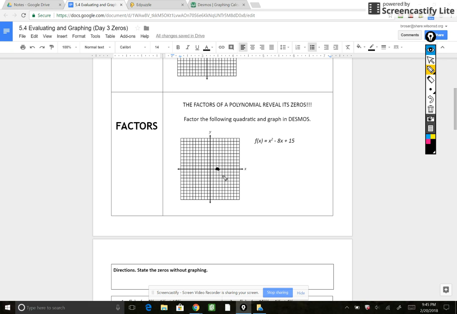I graphed it in Desmos before this. And 5. 3 and 5. So that means my factors would be x minus 3 and x minus 5, because it's always x minus where it crosses your x-axis.